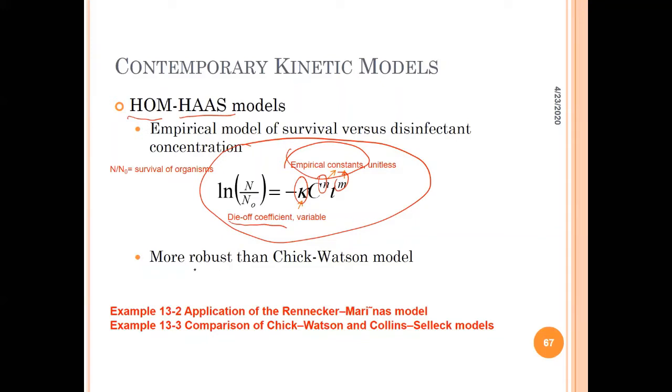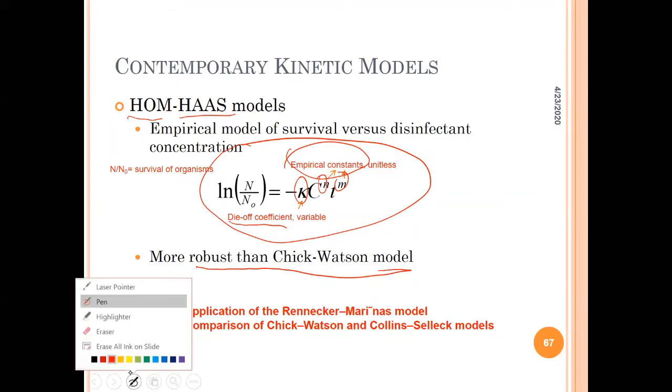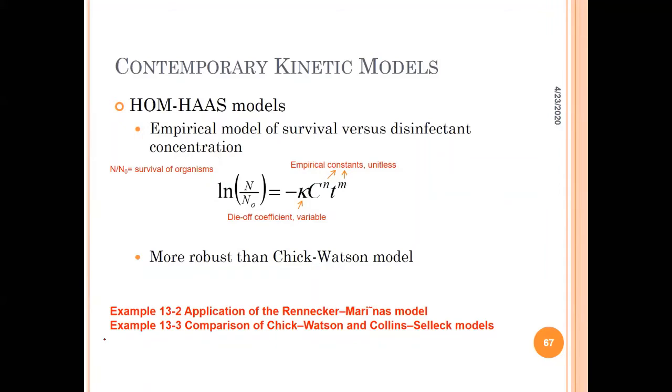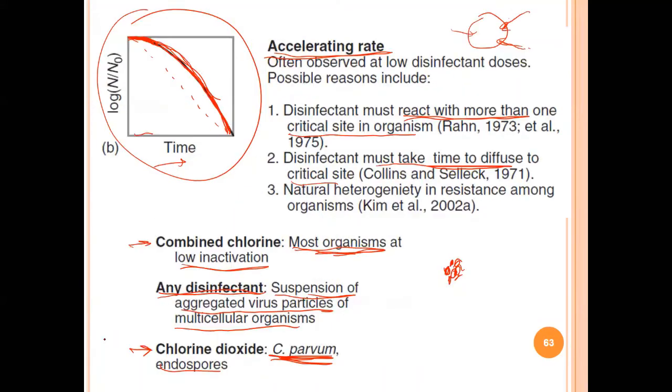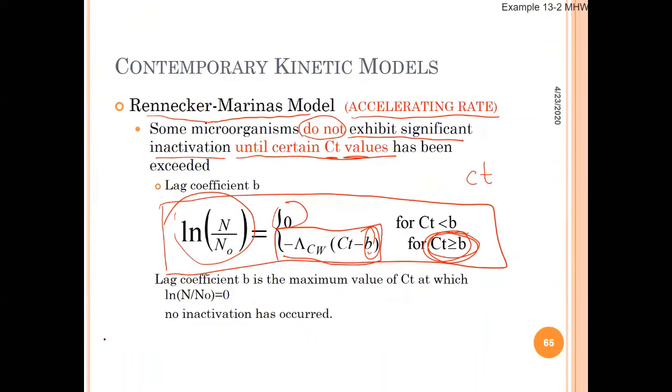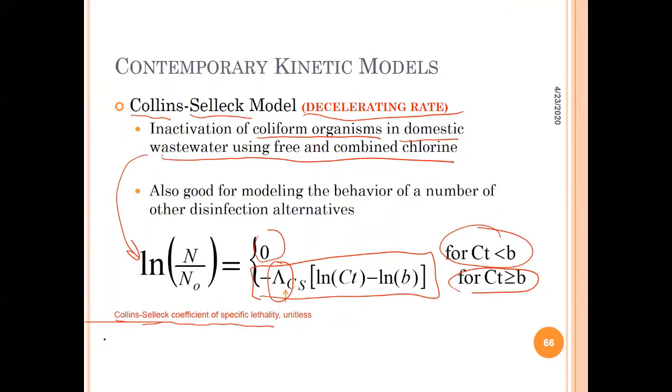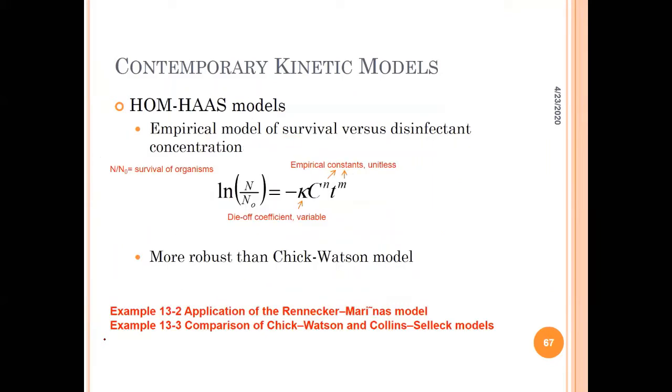This is better than even the Chick-Watson model, but it is based on experiment. So there are some models: the Chick-Watson model, the Rennecker-Marinas model, the Collins-Selleck model and the Hom-Haas model.